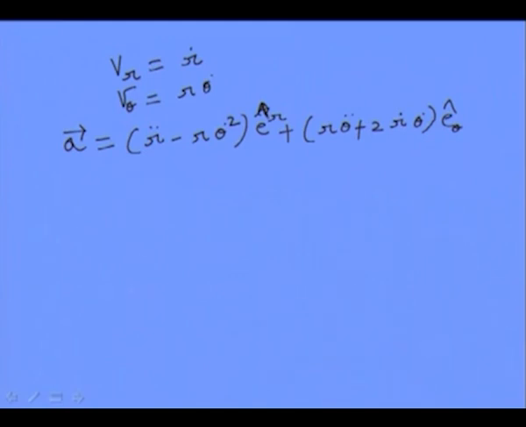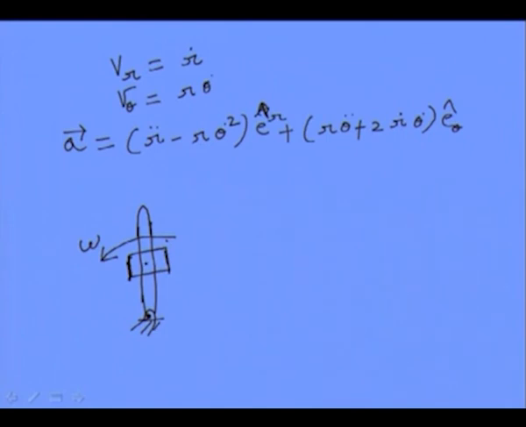Let us consider a problem in which there is a link rotating about this point in a counterclockwise direction with constant speed omega. On this link there is a block which slides.